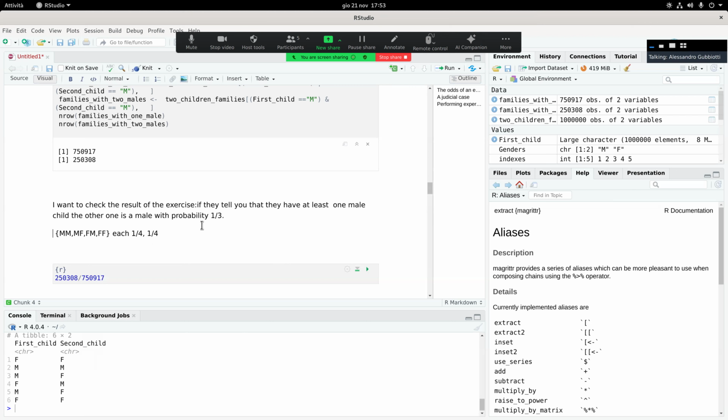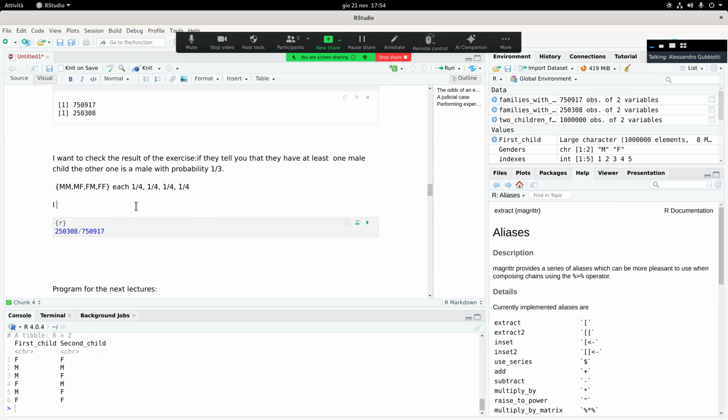This is the vector of probabilities, and I've generated this data set by assigning to each row a probability of 1/4. So the number of times we will see FF will be approximately 1/4. Let's check it. I've generated a dataset using these probabilities.